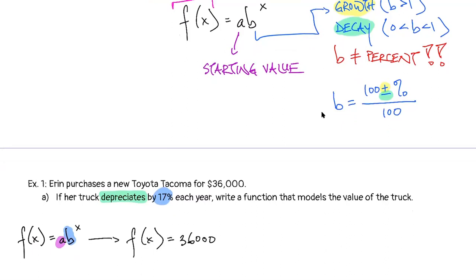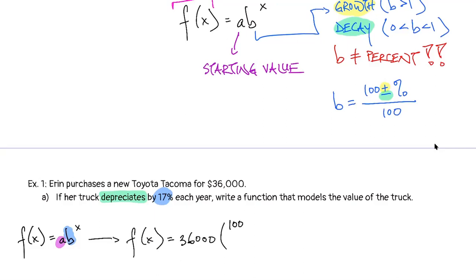Now for the B value, we typically open up a set of parentheses, but we don't have to, okay? And what we're gonna do is use this formula for B to help us find the value given our 17%. So I know it's 100 plus or minus.